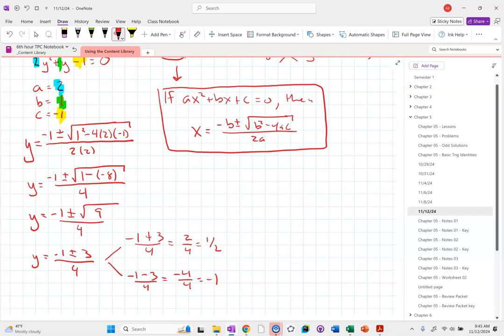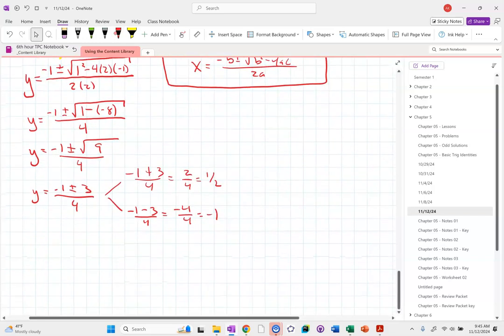So my two solutions would be 1/2 and negative 1, correct? So far, so good? Okay, so we have y equals 1/2 and then y equals negative 1.